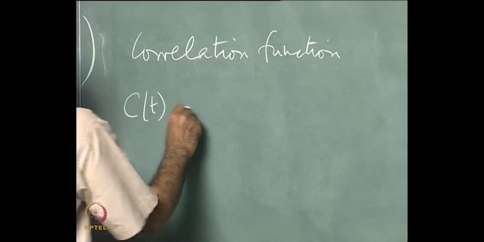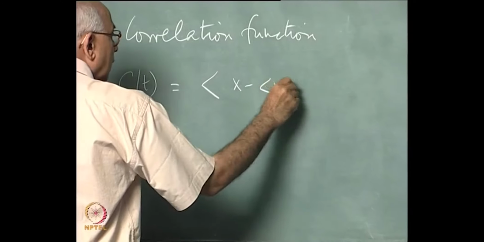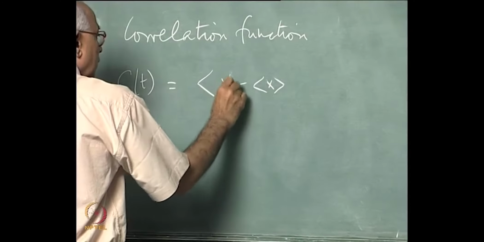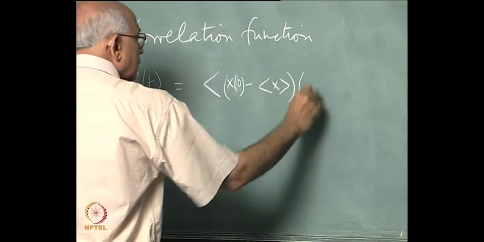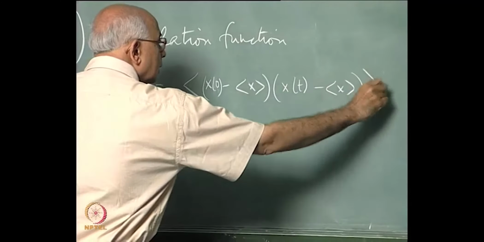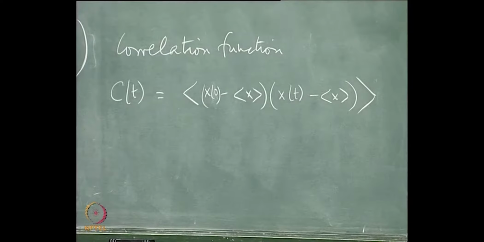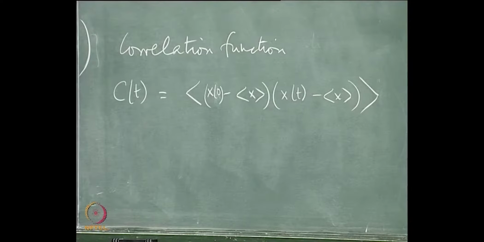This would be equal to the average value of x of 0 minus x average, times x of t minus x average. That is my definition of the correlation function.